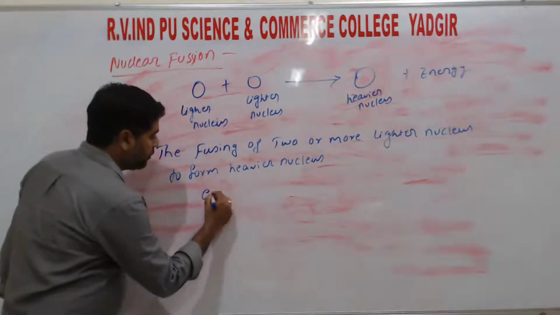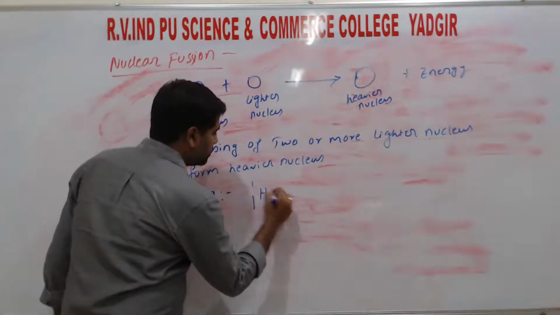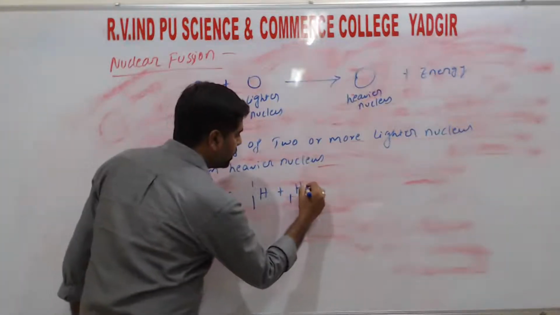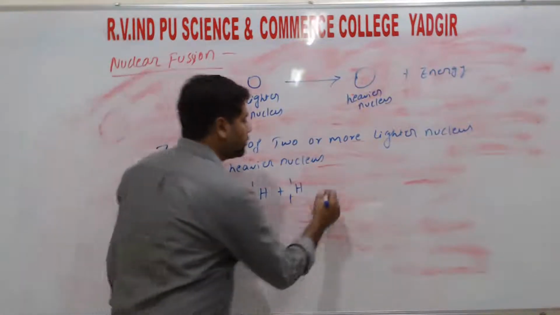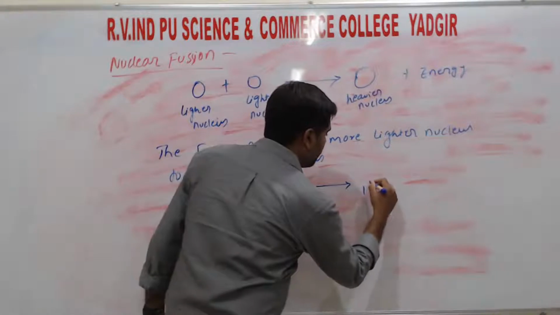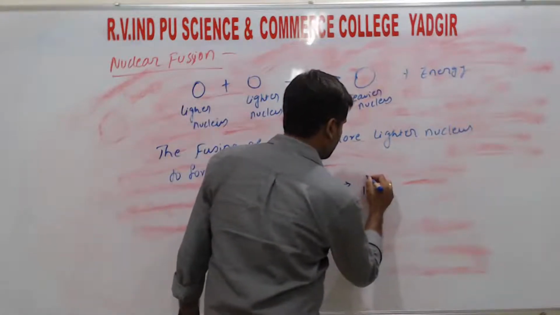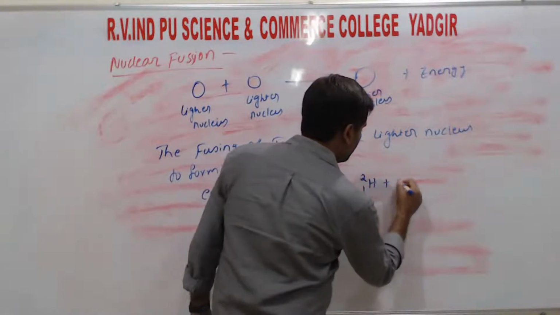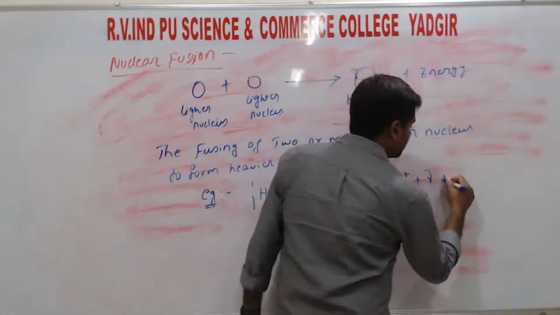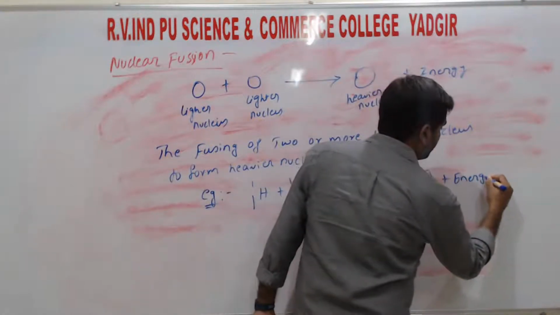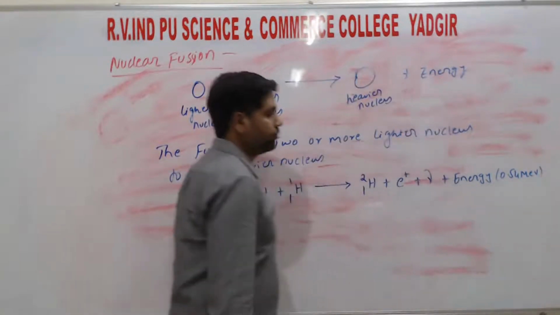For this we have an example, that is two protons, 1H1 and 1H1. When two protons are fusing, we get 1H2 plus one positron along with a neutrino, plus energy. This energy is 0.54 mega electron volt.